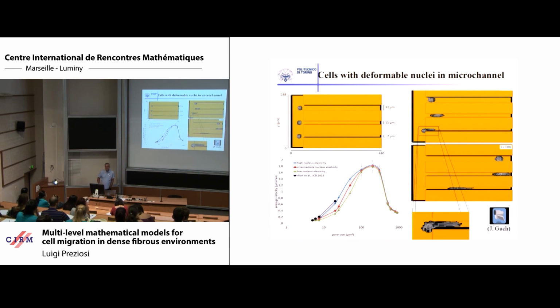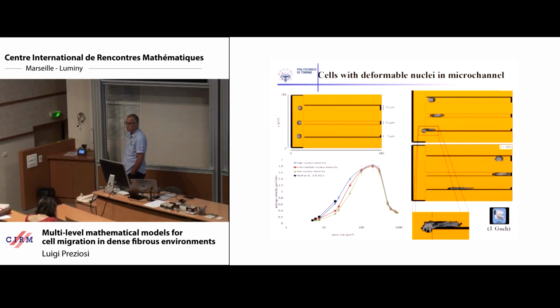Good, but this doesn't tell you anything about the velocity of the cell in this microchannel. In order to do that, you can resort to individual based models, and in particular to the cellular Potts model, for instance.